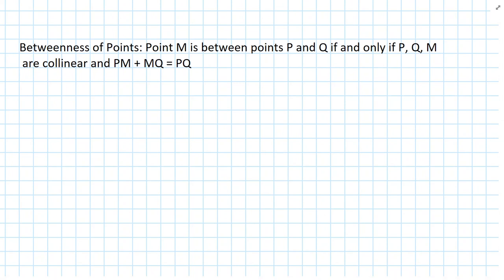What is it saying? So I have points P and Q. And then it's saying that M is between points P and Q. And I think if we were just thinking about the word between as a general term, we would maybe infer that M could be really anywhere that's sort of in between any of these points.